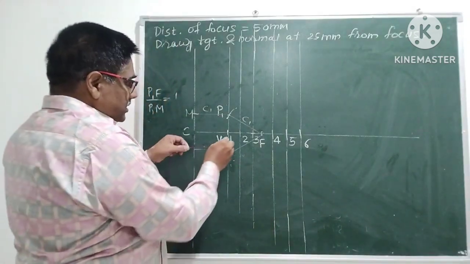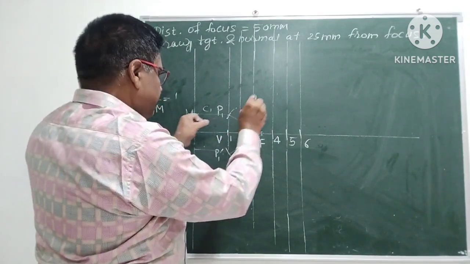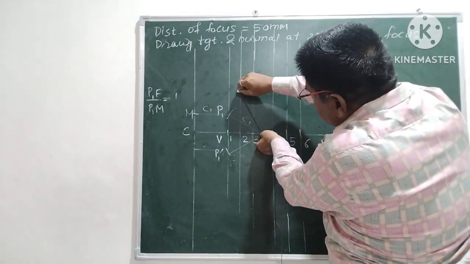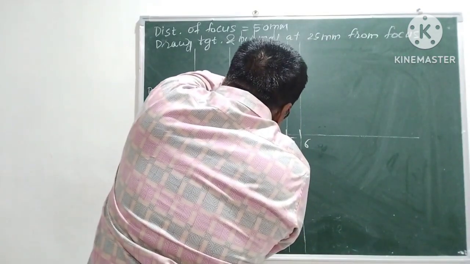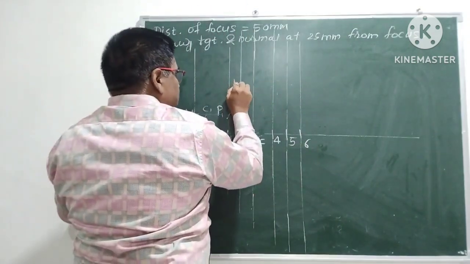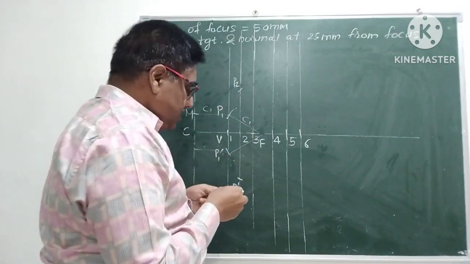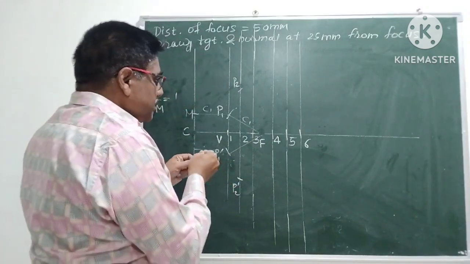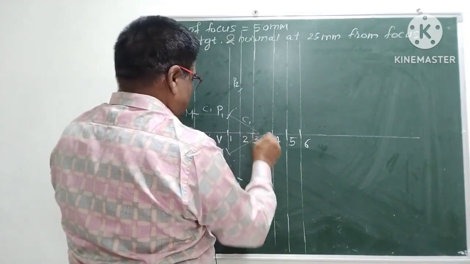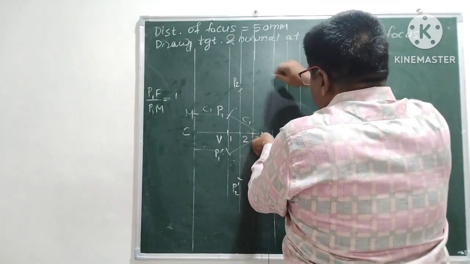Next, take C2 distance in the compass. Keep your compass on the focus and cut the second line on both sides. This point is P2 and this point is P2 dash. Then take C3 distance, keep your compass at the focus, and cut the third line.